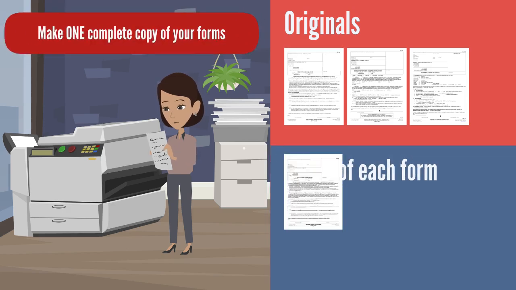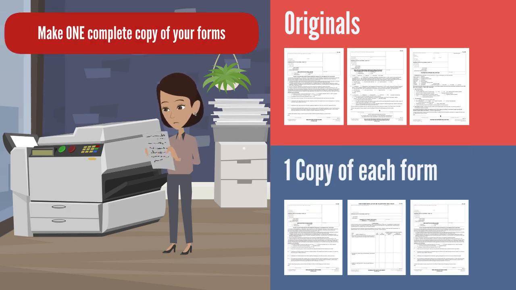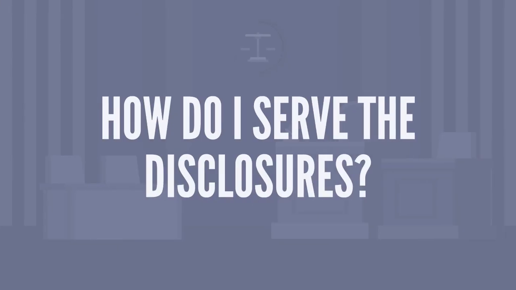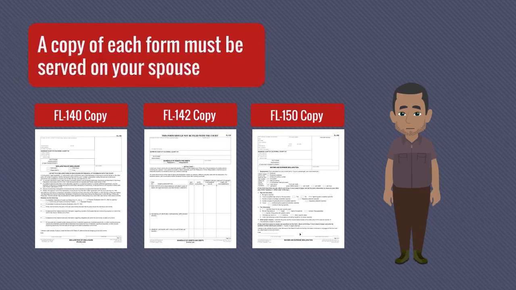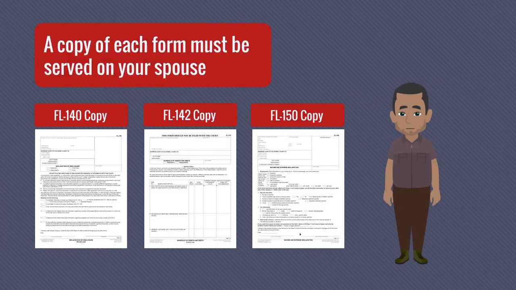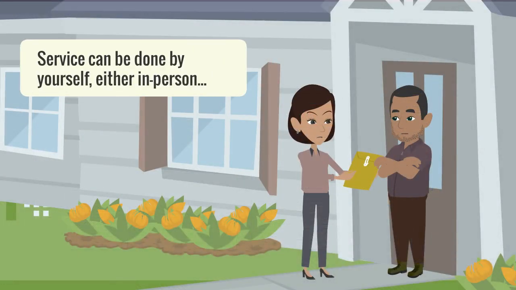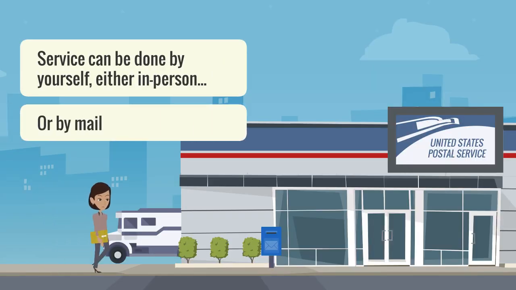Once the forms are completed and you have gathered all necessary attachments, you will make one complete copy of each form, including all attachments. Each copy needs to be stapled. You will keep the originals and serve a copy of each form on your spouse. Service can be done by yourself, either in person or by mail.